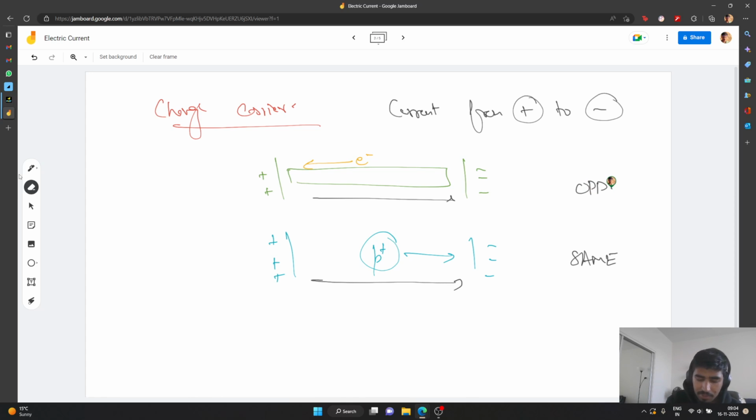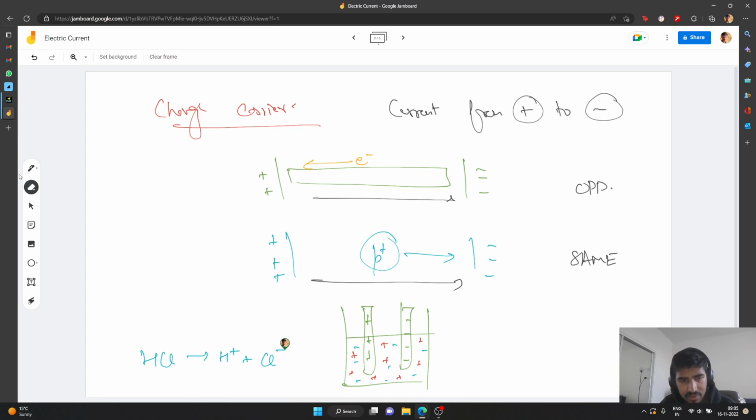One other common example that's used is a third case here, which is that of an electrolyte, where you have a positive charge and then you also have a negatively charged one. But in this case, this solution has both negative and positive charges, right? So the question is, first of all, where do these negative and positive come from? An example would be, say you have HCl and water, so it dissociates into H plus and Cl minus, right?